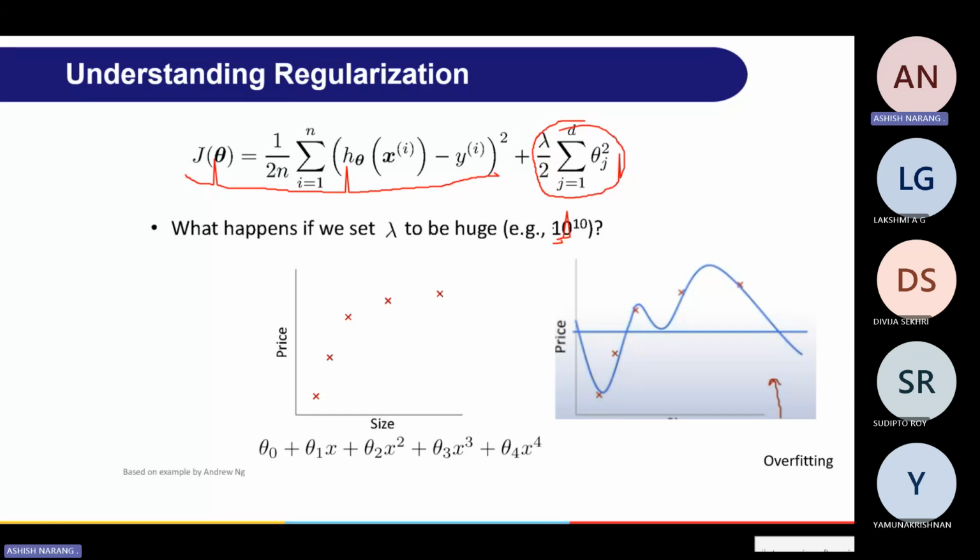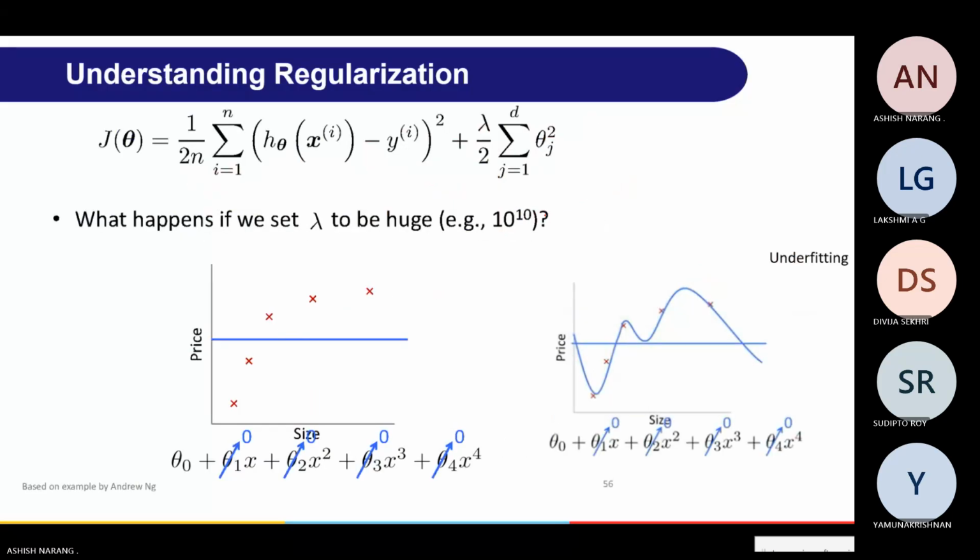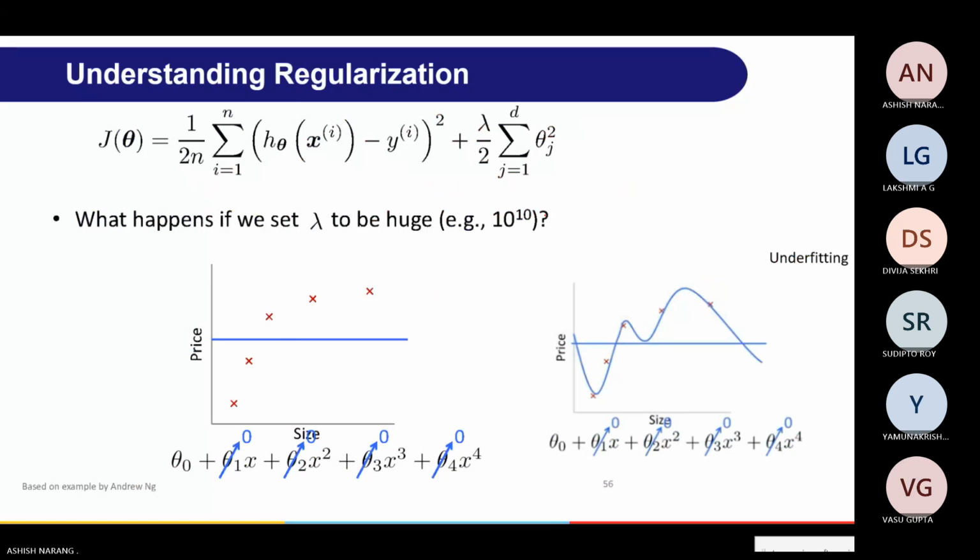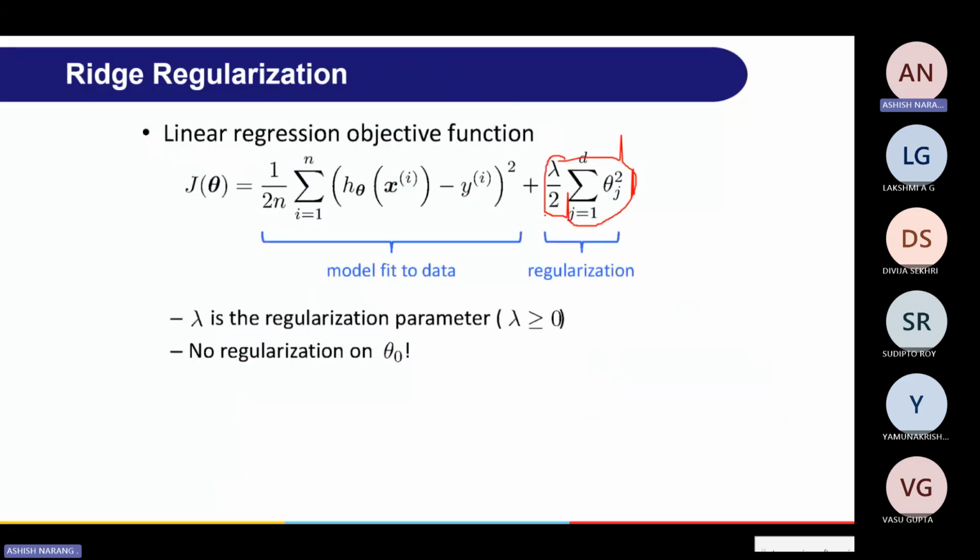So you have some error function plus the penalty that you are adding yourself, right? Look at this particular thing.